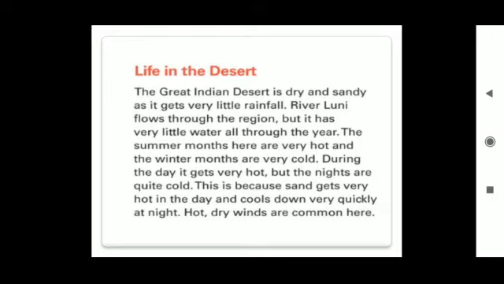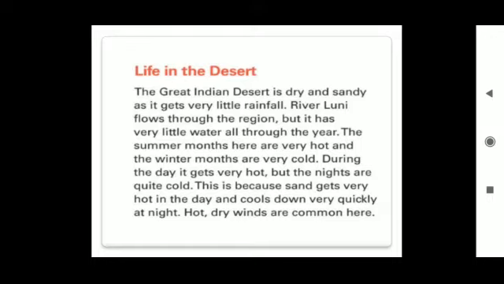During the day it gets very hot, but the nights are quite cold. This is because the sand gets hot in the day and cools down very quickly at night.